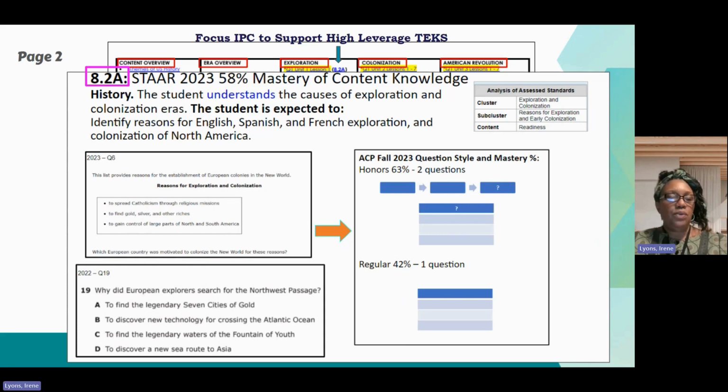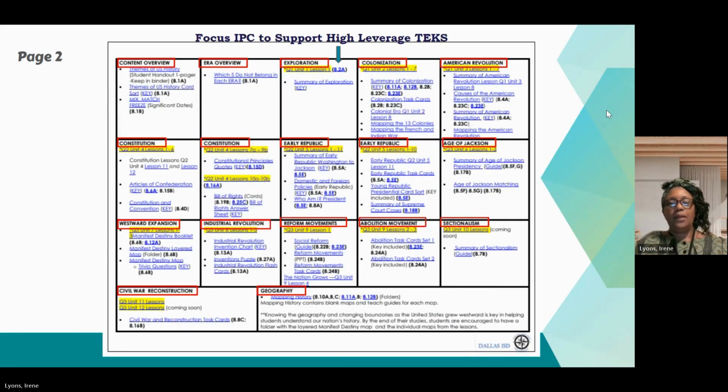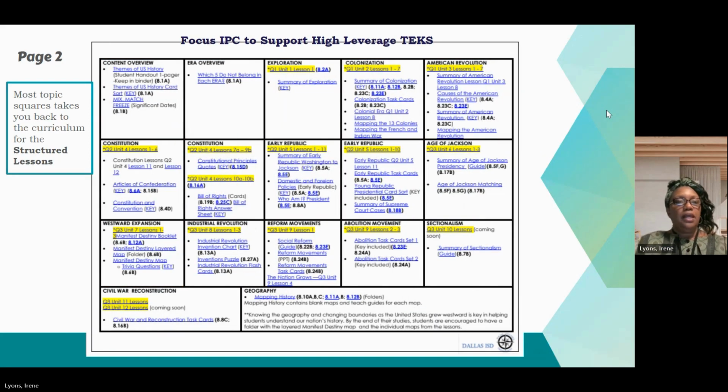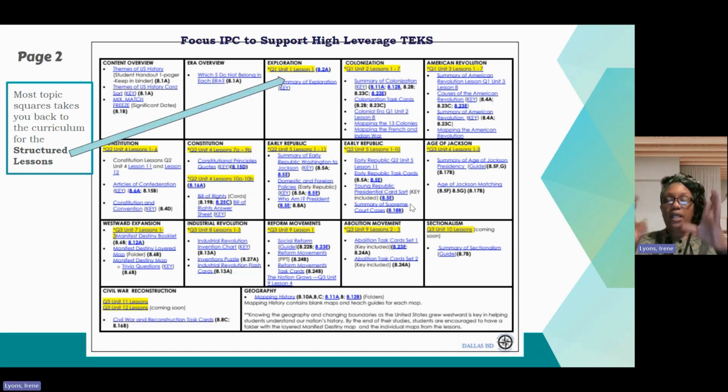We also see how it was tested the last 2 years on STAR, and you have an idea of how the ACP questions were written for both honors and regular. Also, most topic squares will take you back to the curriculum. This is so that you can look at the lessons as a refresher to see how the lessons were designed to support the SEs.